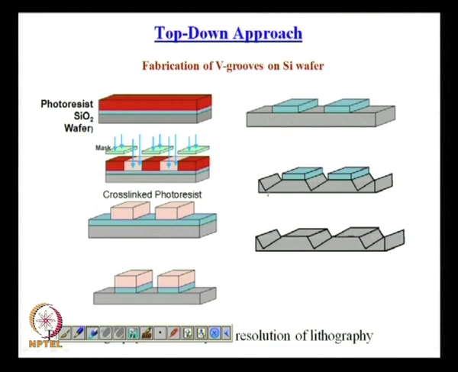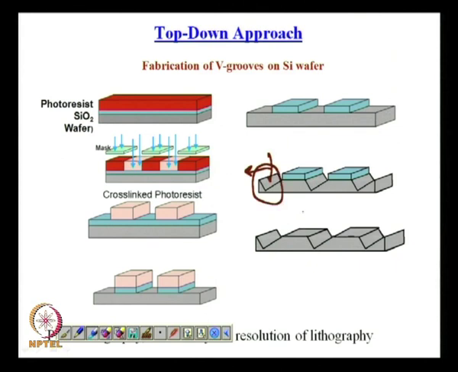So, the etching rates at different crystal planes are different, okay, vastly different. So, it is going to etch only in the vertical direction, but it cannot go in the side direction. So, what you end up with is nice V grooves on the silicon wafer.